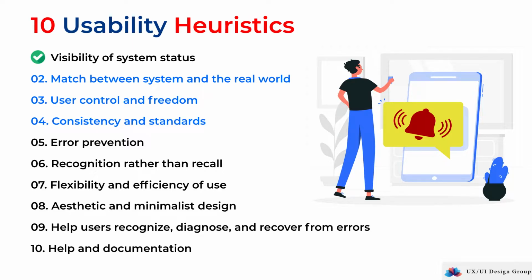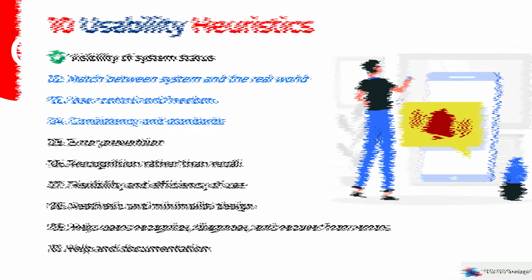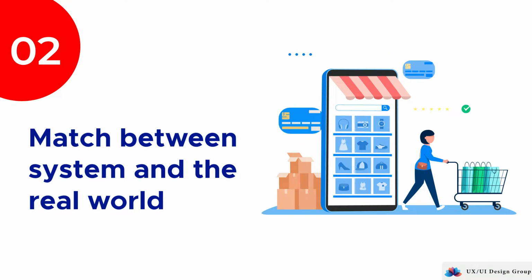So in today's video, I'll talk about the second, third and fourth rules of heuristics, that is match between the system and the real world, user control and freedom, consistency and standards. So let's see what is match between system and the real world.